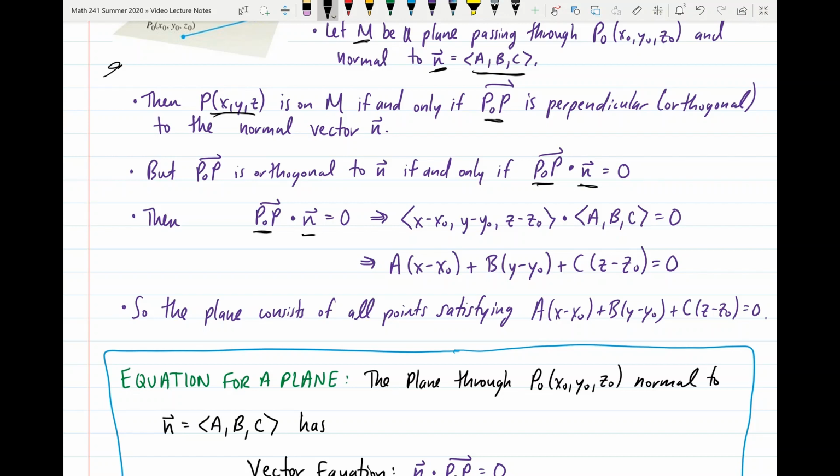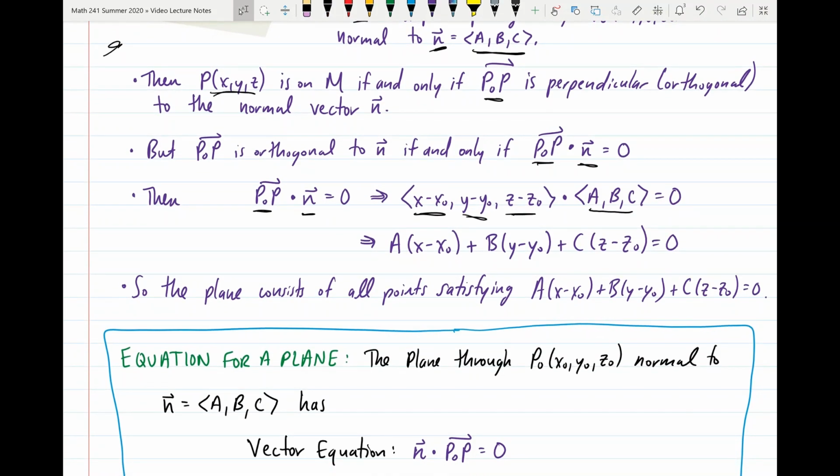Then if we write our vectors in component form, we get that P0P is equal to x minus x0, y minus y0, and z minus z0. And the normal vector is A, B, C in component form. And we know that when we dot these two vectors together, we should get 0.